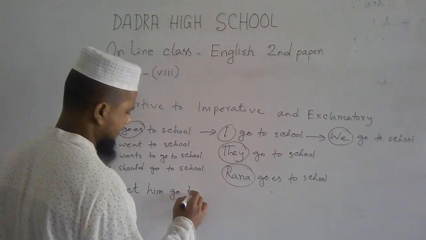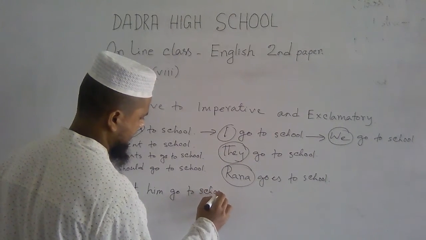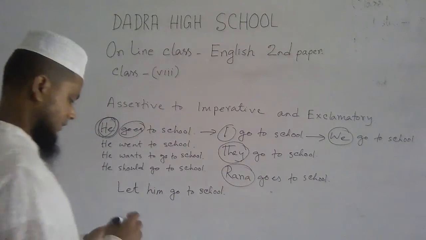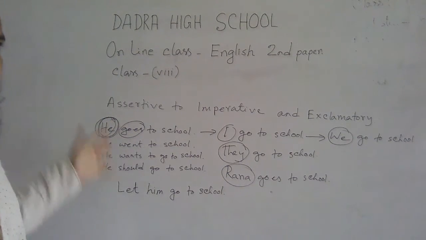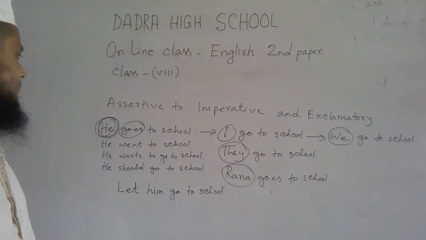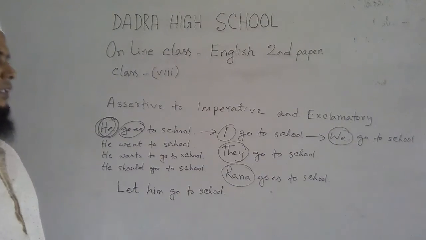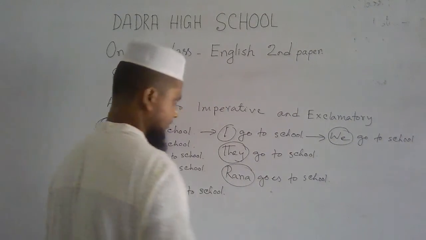Then the extension or object or rest of the sentence, and then a full stop. Thus we transfer the assertive sentence into imperative by using let and making the subject objective case. Similarly, I go to school, let me go to school.